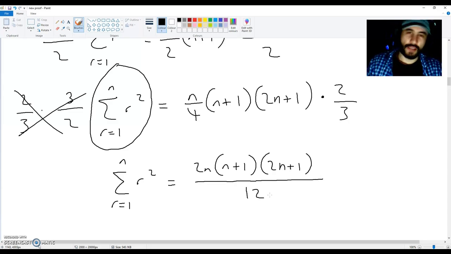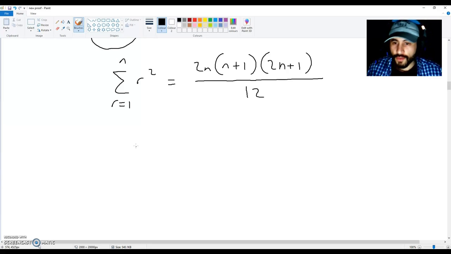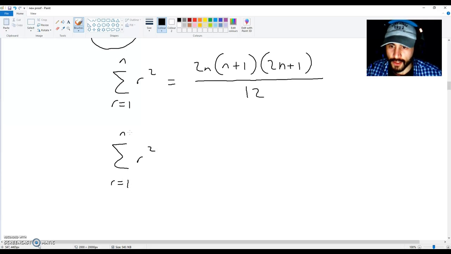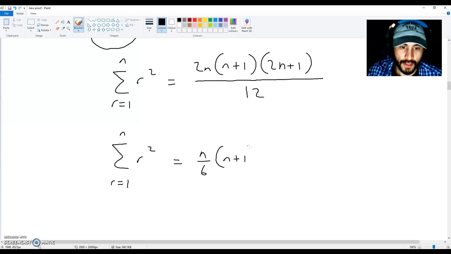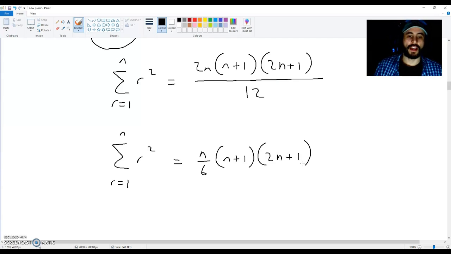And you know exactly what's going to happen from here. So the sum of all the natural numbers squared up to n terms is going to be equal to n over 6 multiplied by n+1 multiplied by 2n+1. And we have our proof.